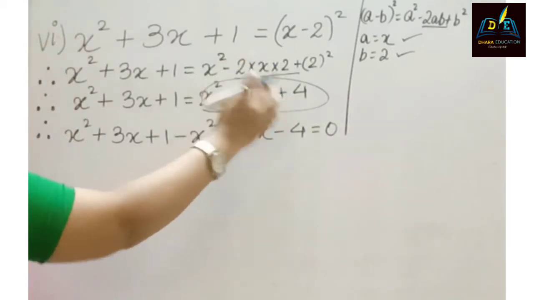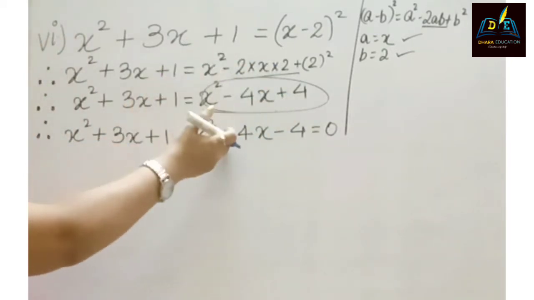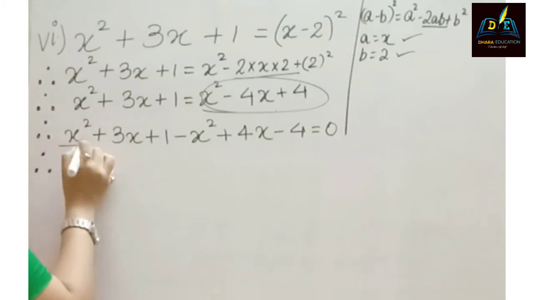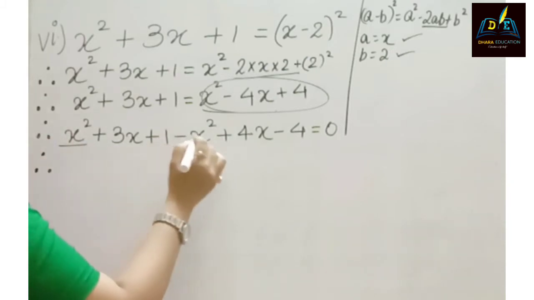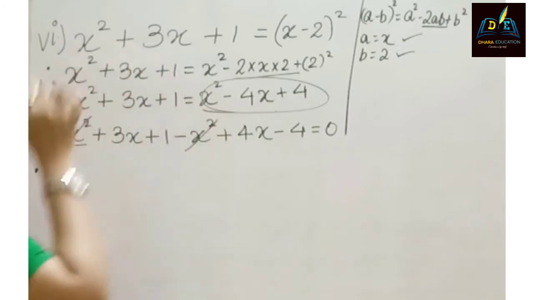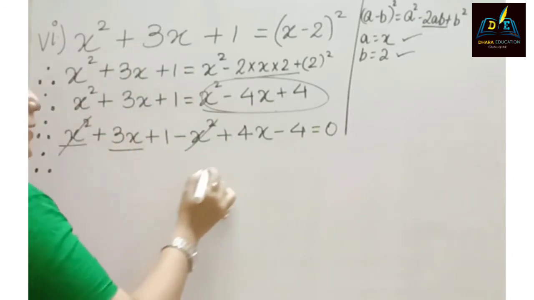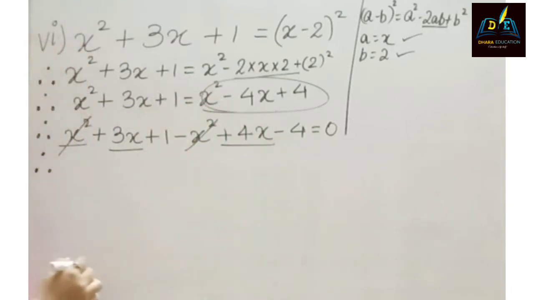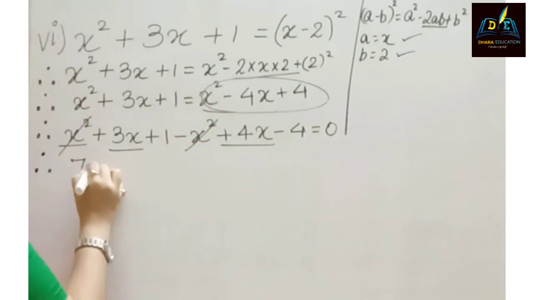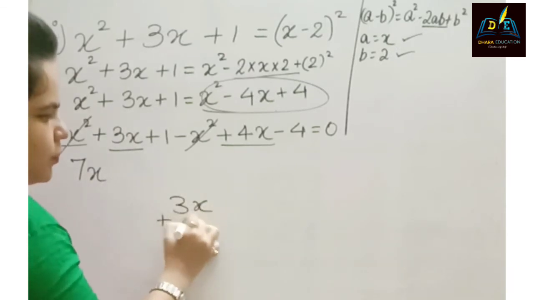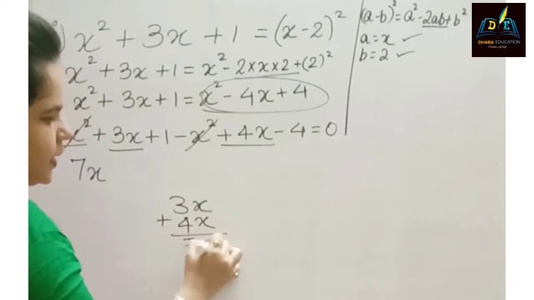See the variation in the sign: all the negative becomes positive and all the positive becomes negative. Now we cancel plus x square and minus x square. What remains is plus 3x and plus 4x, so 3x plus 4x gives us 7x.